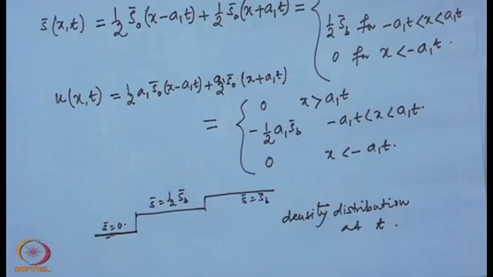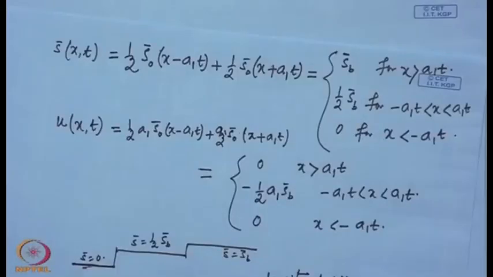That is what we see: starting from the initial time, an expansion is moving to the right in this case, and a compression is moving to the left. So the density on the left part is gradually increasing and on the right it is decreasing.